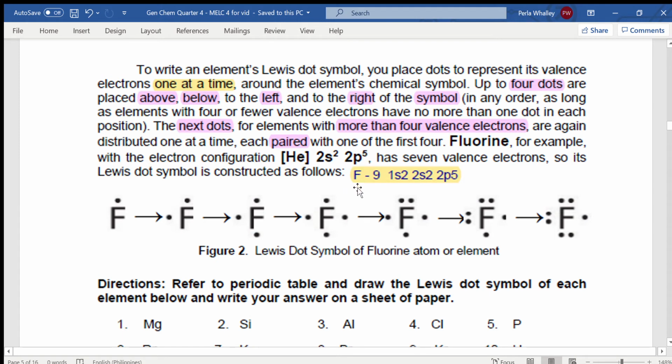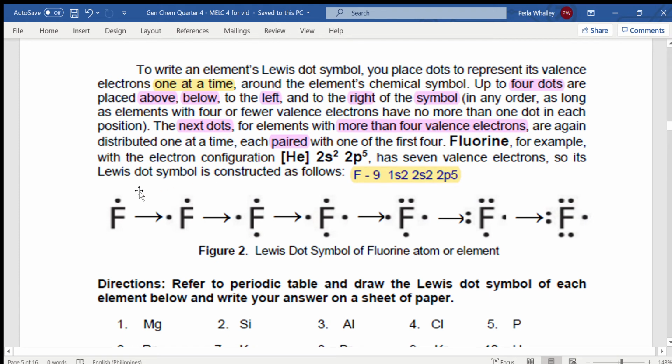For example, the electron configuration is shown as the normal electron configuration. So how do you know what the valence electrons are? Just look for the highest coefficient. In this case, the highest coefficient is 2, and here, 2s2 2p5. So what you will do is add the electrons. 2 plus 5 is 7, which is equal to this one also.